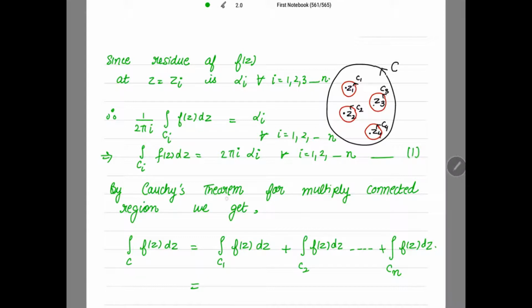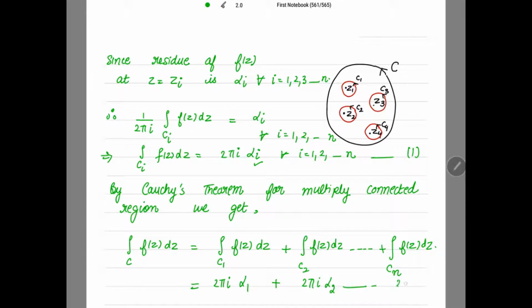Now by Cauchy's theorem for multiply connected region, we get the integral over C of f(z) dz is equal to the sum of the integrals over the Ci's. Alright. So for the value of each integral, just apply 1. Because this is for the circle C1, this is 2 pi i alpha 1. Plus, for this we have 2 pi i alpha 2. So on.